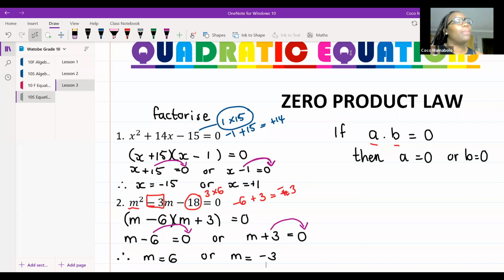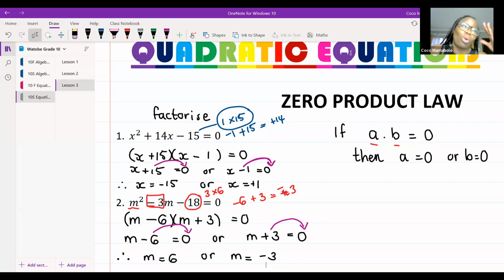In fact, Mukeli, I'll tell you now, there's something similar to this in your matric paper. So you have to figure out how to do these things. Because imagine struggling with something in grade 10 and then you find it again in matric.